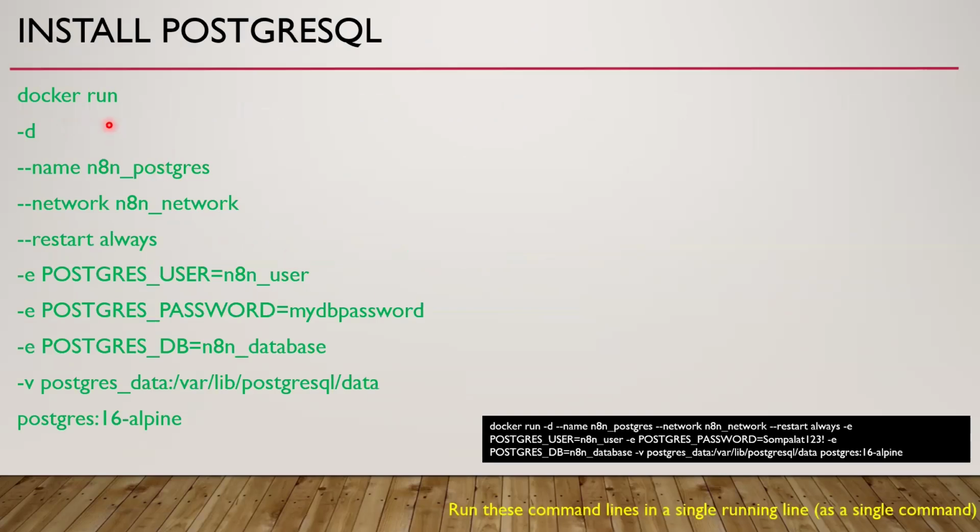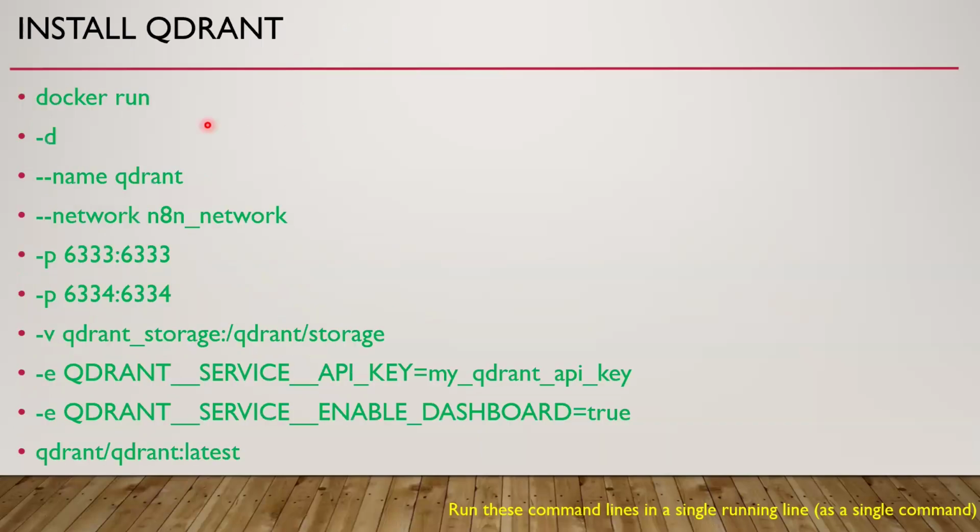This is to install Postgres, or PostgreSQL. For my present lecture and present workflow, we do not require Postgres. However, I always describe and recommend installing Postgres before installing N8N.